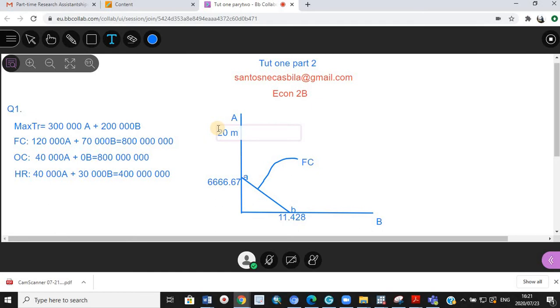Let me just confirm this. 800 million divided by 40,000. No, this is 1,000 basically. It's going to be 20,000. Very good.